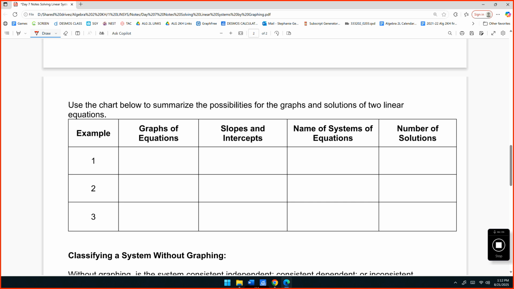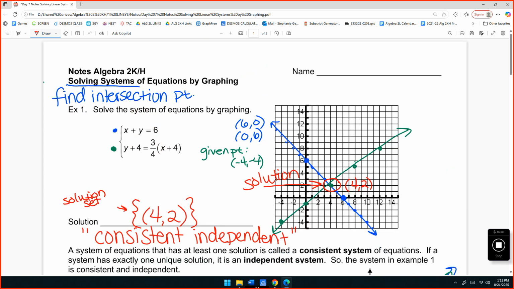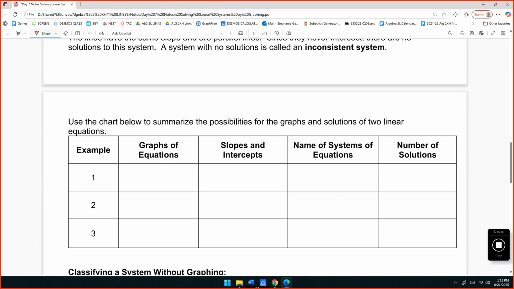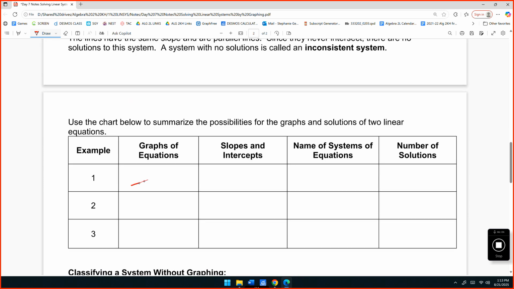So example 1, look back at example 1, what was going on there? We had 2 lines that met one time, right? Okay, so I'm gonna go down here and I'm just gonna draw a sketch of what that looks like. So just 2 intersecting lines, right? They meet one time. Just a little sketch. Okay, slopes and intercepts.